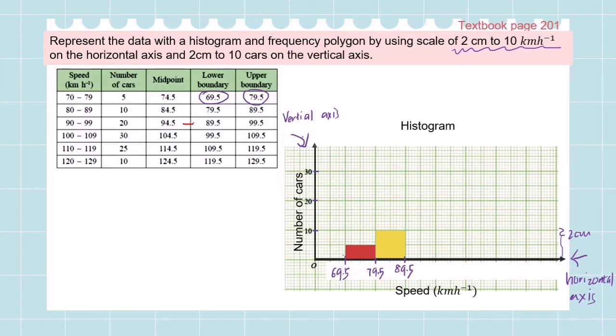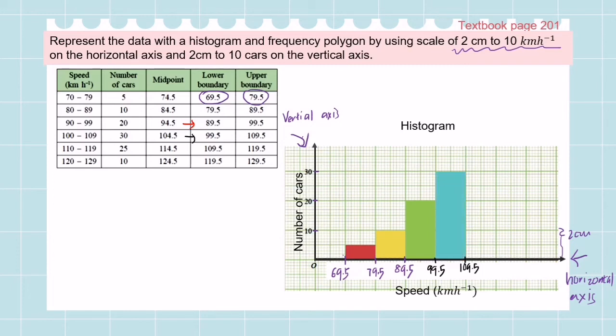Now the third: 89.5 and the upper boundary is 99.5. This graph we call a histogram. After we complete this one, next is 99.5 lower boundary, and upper boundary is 109.5. So this is the next part.